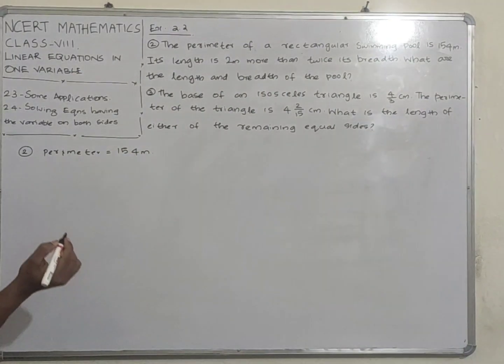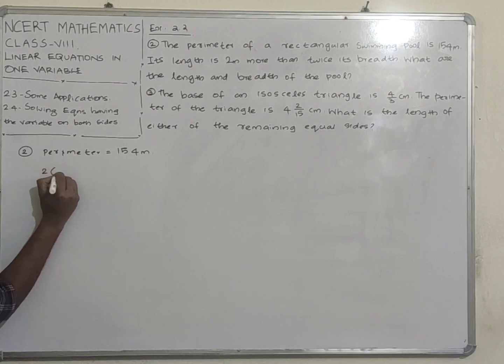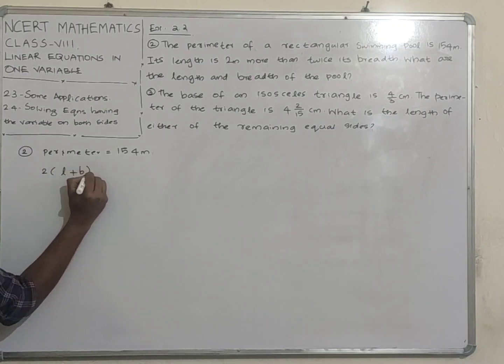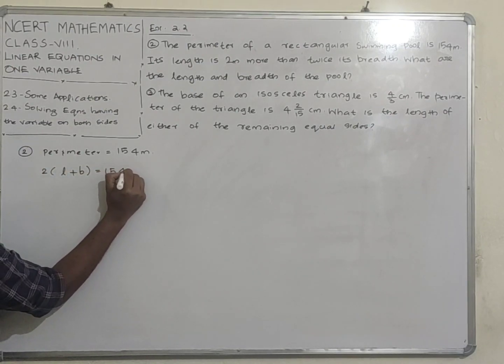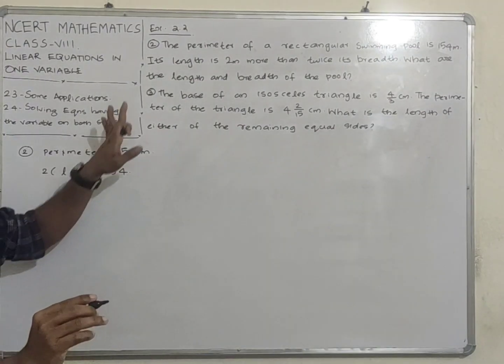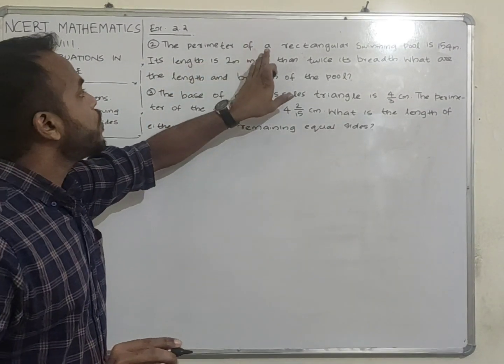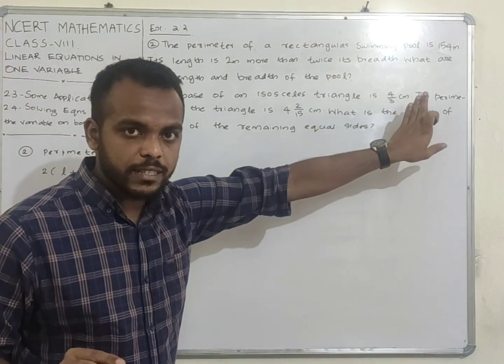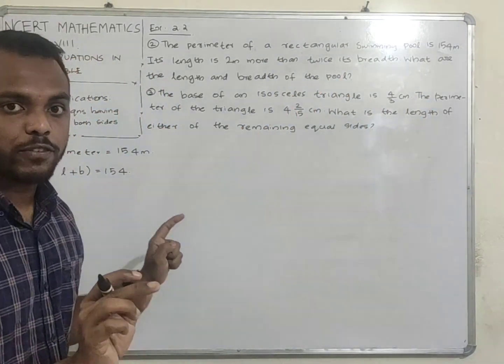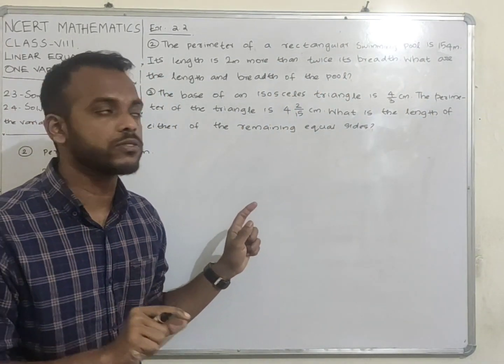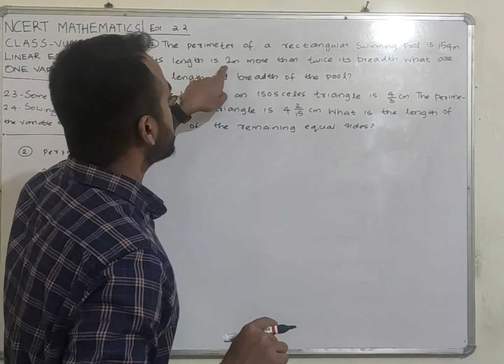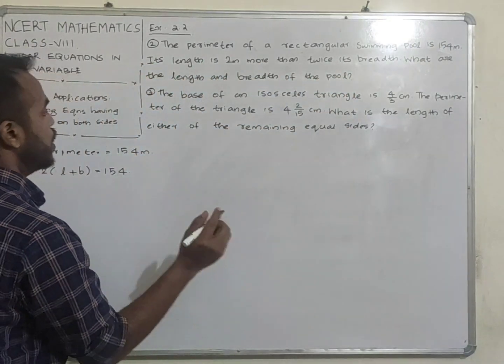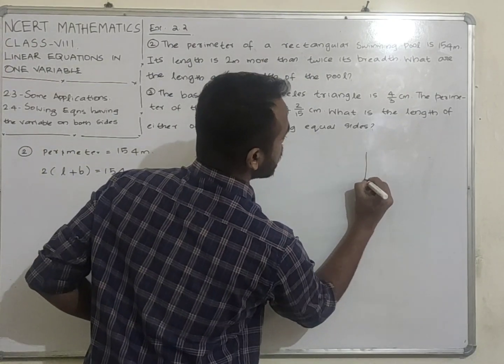And you know the equation to find the perimeter: 2 times length plus breadth is 154. Okay, let it be there. Its length is 2 meter more than twice its breadth. Read the relation very carefully. This is the only thing that you need to solve this question. Its length is 2 meter more than twice its breadth. You know what is the shape of a rectangle?